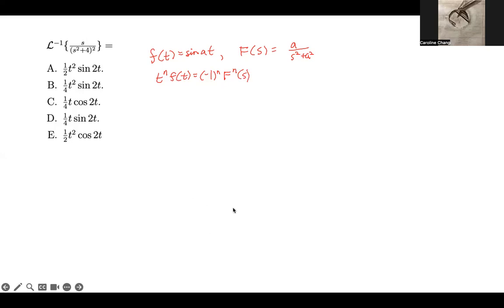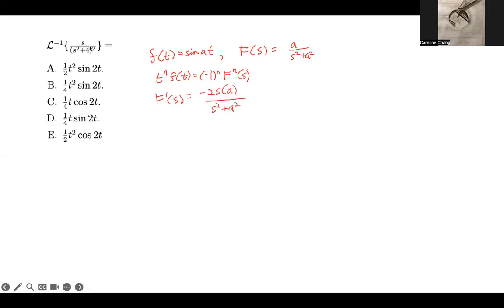And the first derivative of F of s, taking F of s to be this function over here, is going to be F prime of s equal to negative 2s times a over (s squared plus a squared) altogether squared.